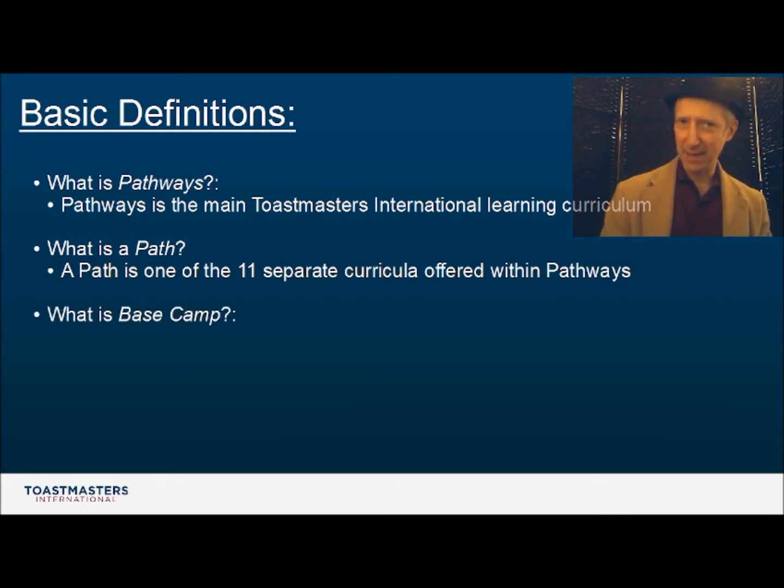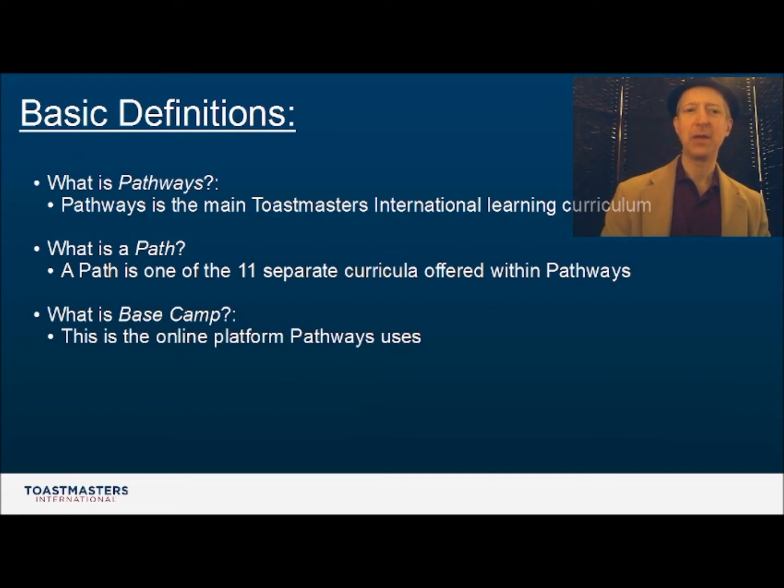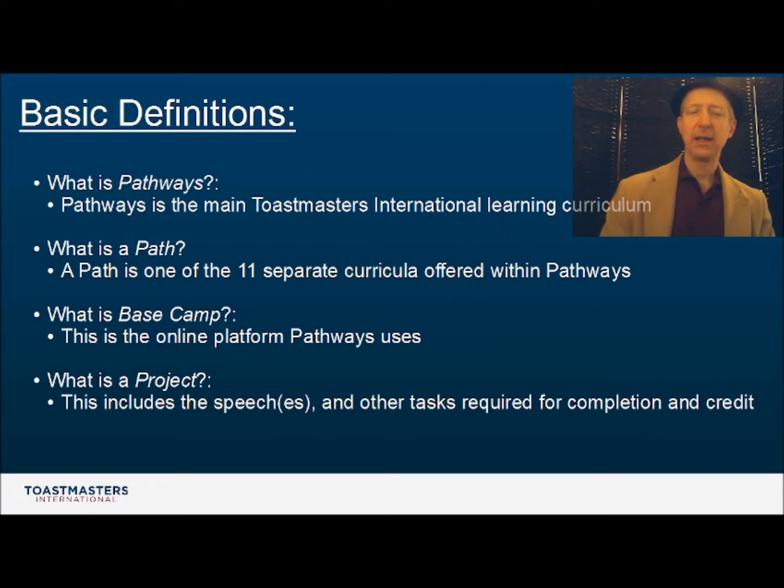What is Basecamp? Basecamp is the online platform that Pathways uses. And then finally, we're talking about completing this project. What is a project again? This includes the speech or speeches and other tasks required for completion and credit.